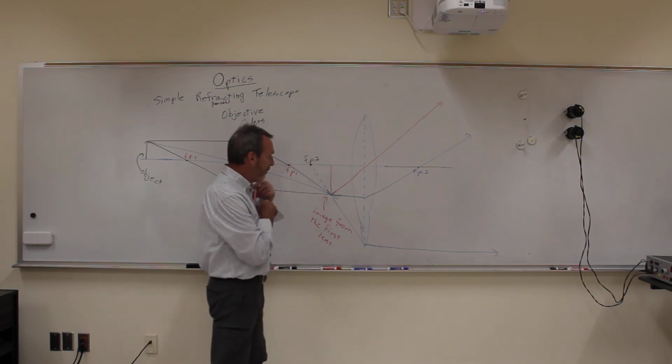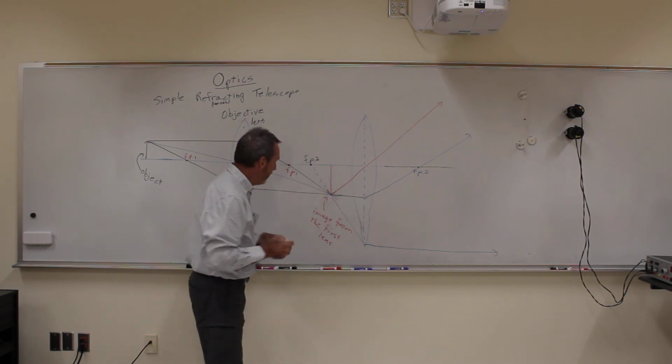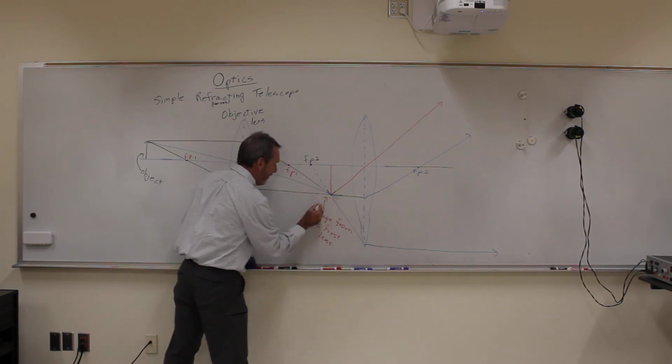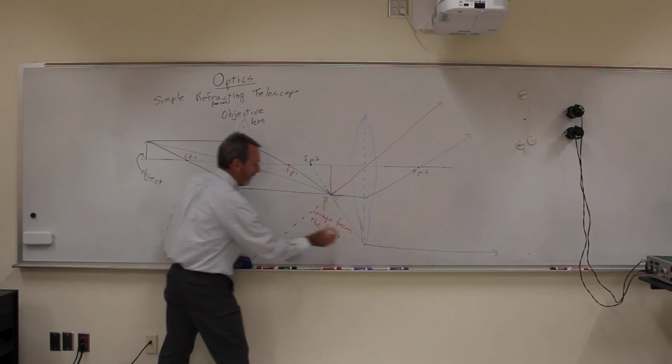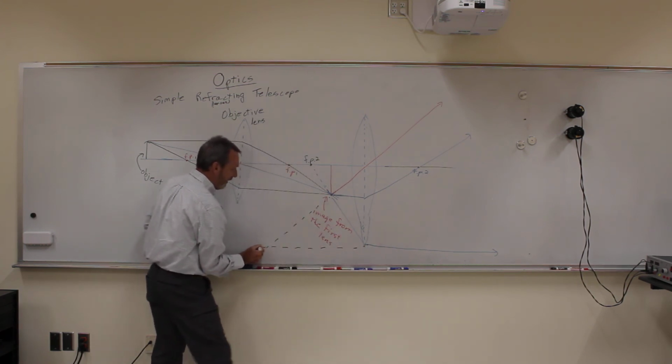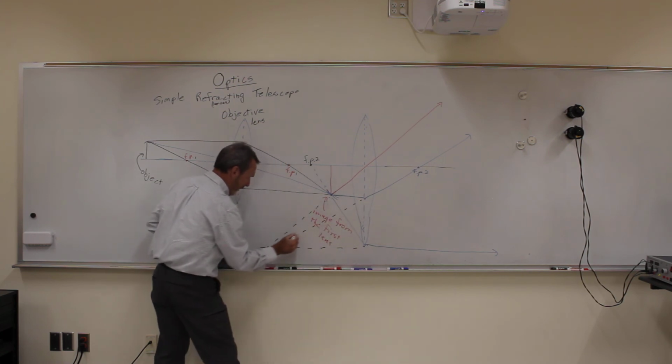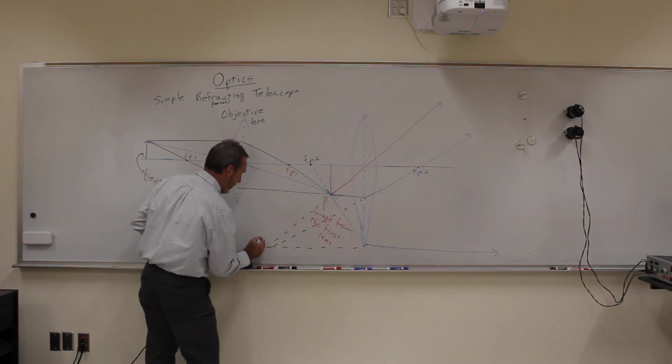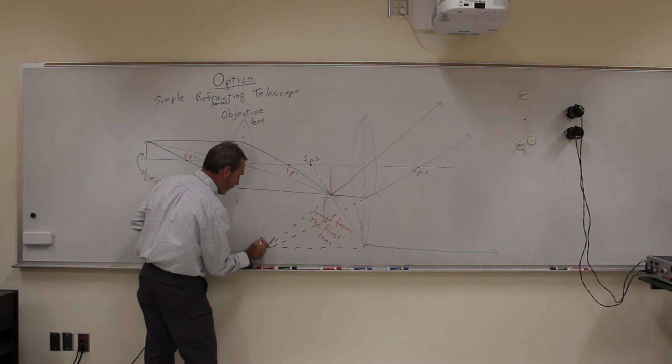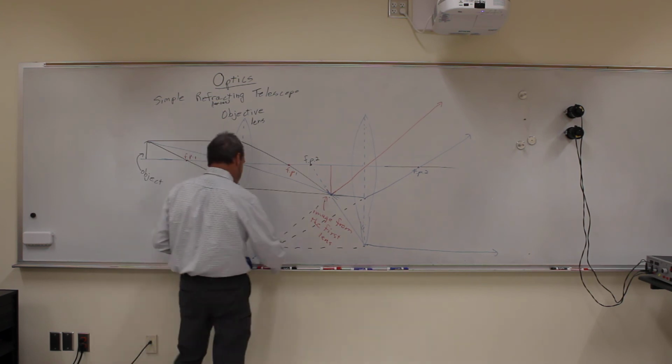And then, remember, this is case 2, so I have to actually extend them backwards to where our eye would see them come together. If I extend that one backwards, and this one backwards, and this one backwards, they all meet right here. I'm going to draw this really big, because it is.